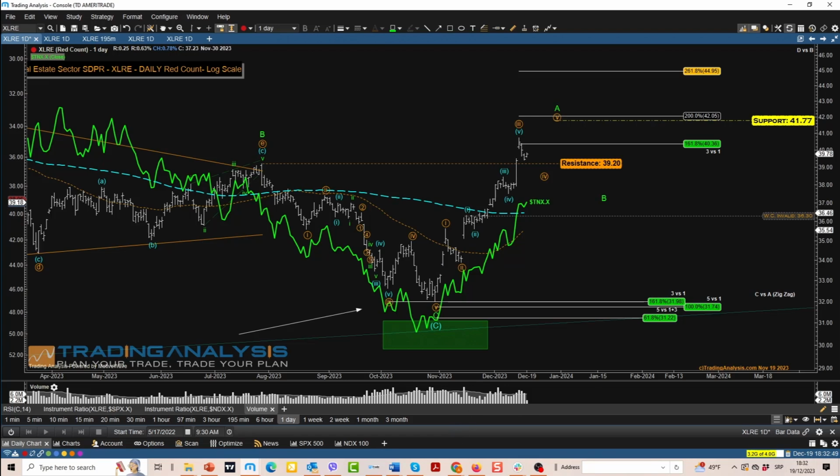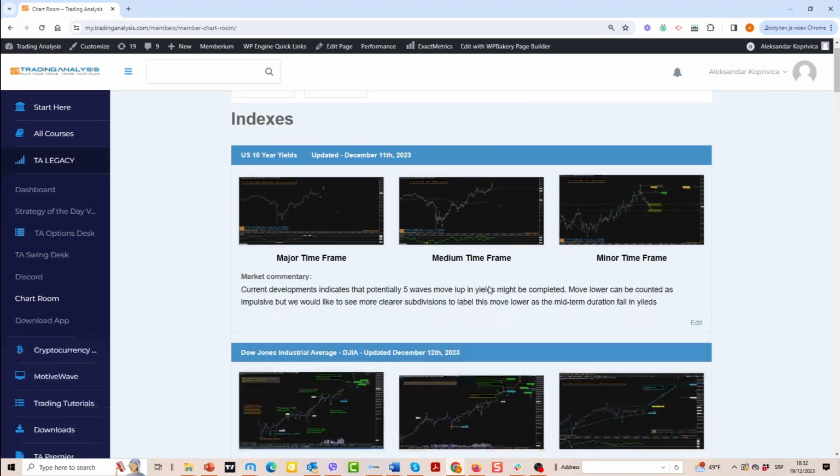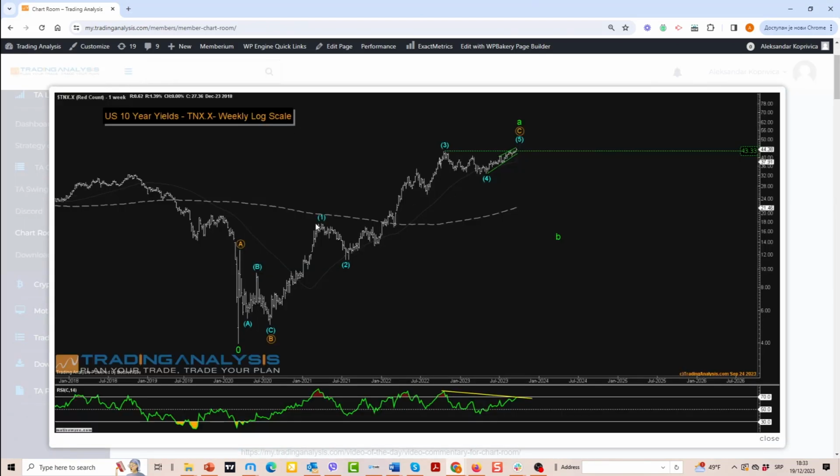We also expressed that through our chart room. We have a chart room where we monitor the longer term time frame wave count for our members. So this is the chart which was posted where the yields were still moving higher, and we looked at some of the 5-ish, as you can see here, potential top.